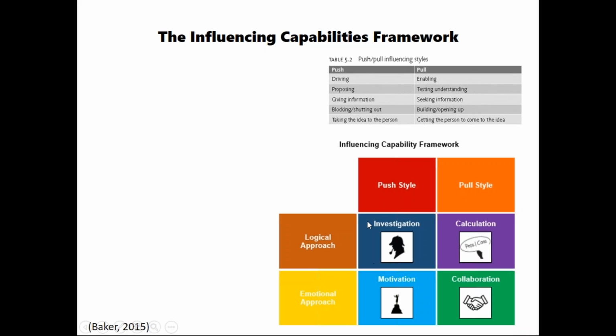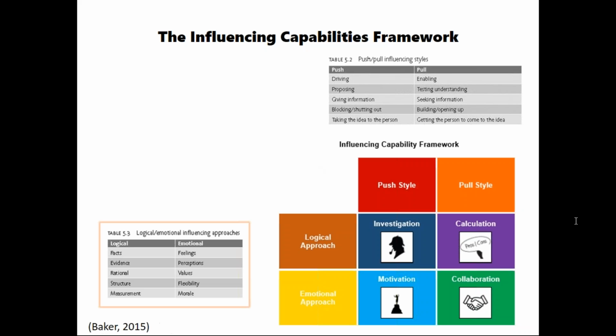Now, the other aspect of this model is you'll notice over on the left-hand side, you've got a logical approach and an emotional approach. And so there are some people that like to influence using logic, fact, figures, rationale, evidence-based, lots of structure, tangible measurements.